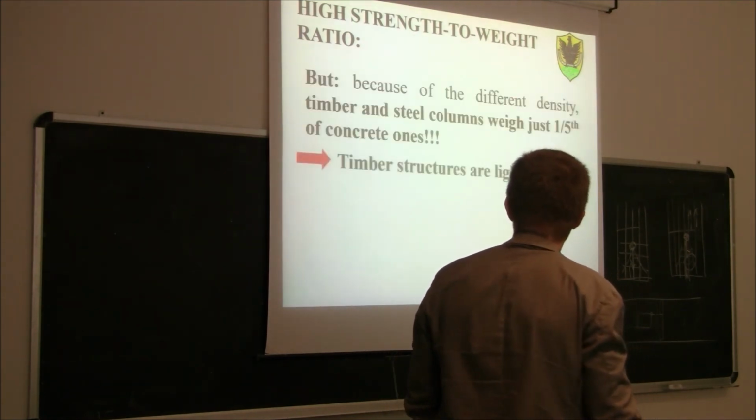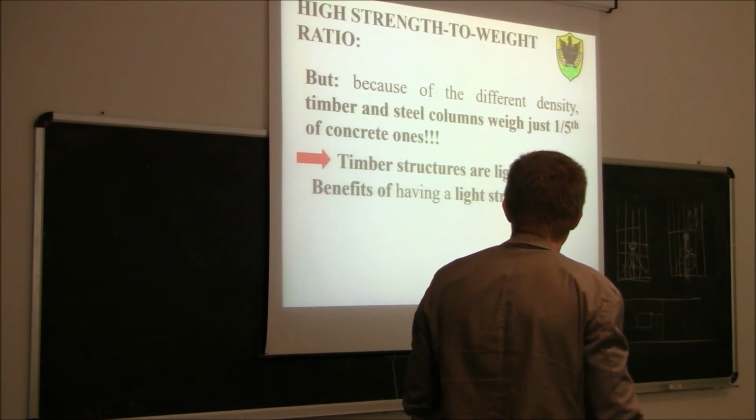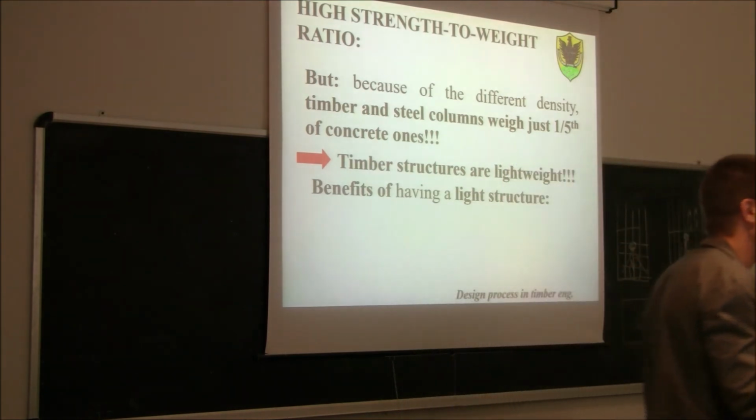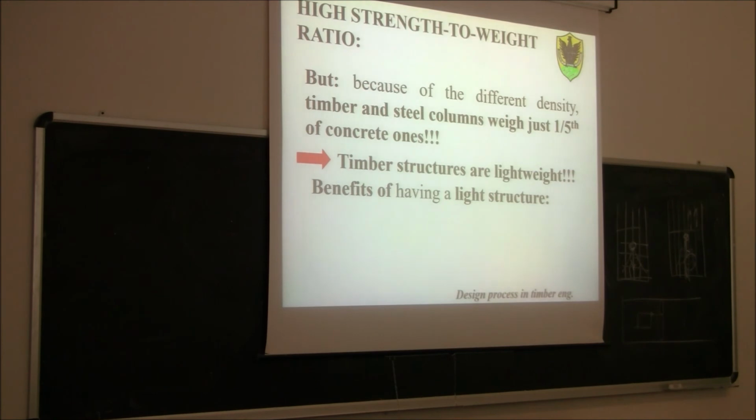So in the end, we said that timber structure, exactly like steel structure, in this respect there is no difference between timber and steel. They are both lightweight structures. Their weight is more or less the same. The most important difference is that steel structures are slender, while timber structures are squat and much more important. But the weight is the same.